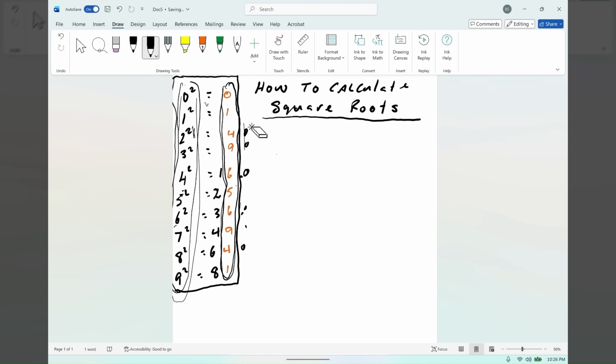To use this method, all you really have to know is these numbers in red corresponding to these numbers here. So that's a very basic one. But if you want to go into higher digits, you have to start learning more numbers and their squares, and that would help you solve the square root of most numbers.